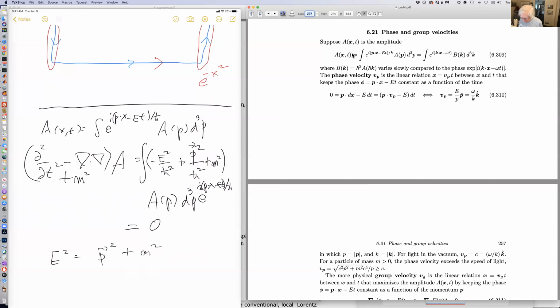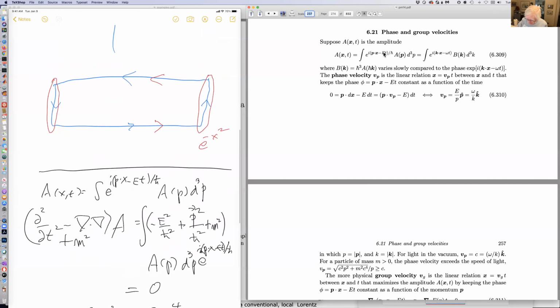And I now see that I probably have left out a factor of c in this equation here, because the actual equation is that E squared is c squared p squared plus m squared c to the 4th. So I should have had an extra c, so there should have been a c here.